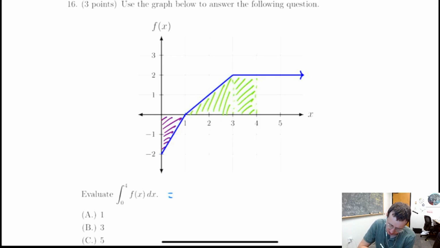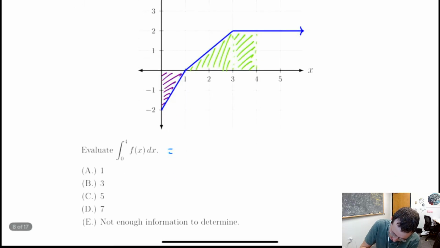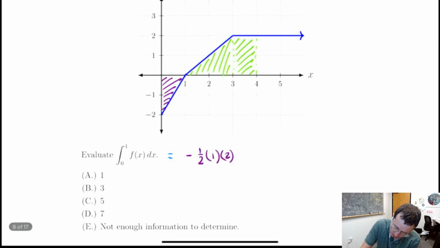So the integral is going to be minus the area of that first triangle, which is a base of 1 and a height of 2, plus the area of this triangle, which has a base of 2 and a height of 2, plus the area of this rectangle, which is simply 1 times 2.